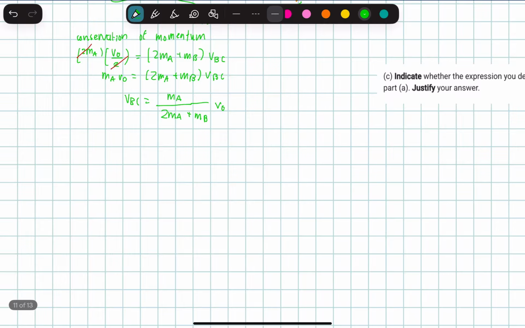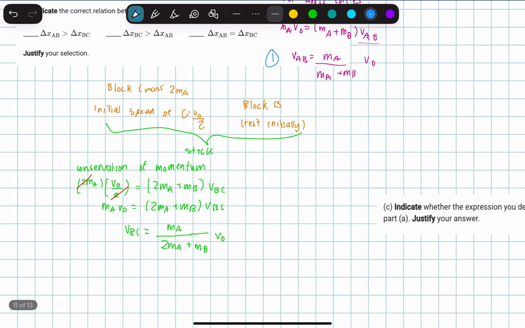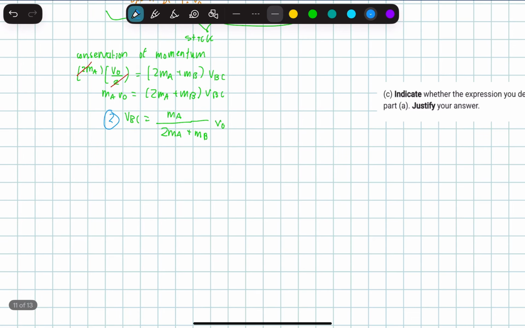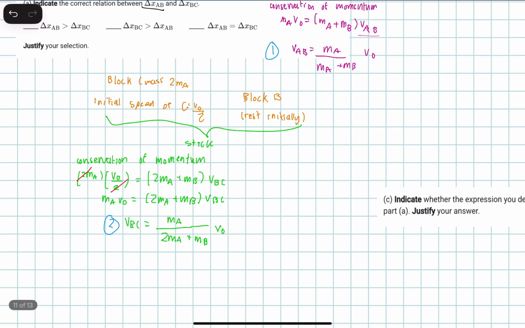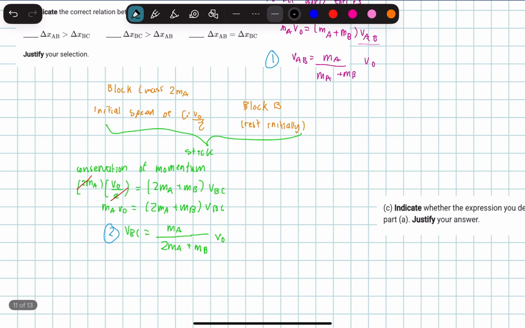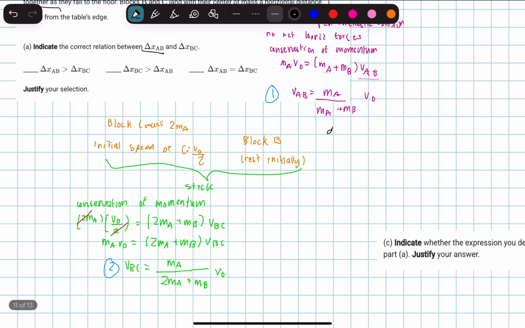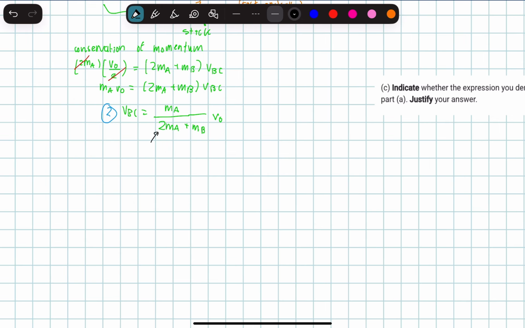And now we can compare the speeds. We have this one as 1 and this one as 2. Which one is larger? We know that MA over MA plus MB is going to be larger, because the denominator in the second one is larger: MA over MA plus MB is greater than MA over 2MA plus MB.